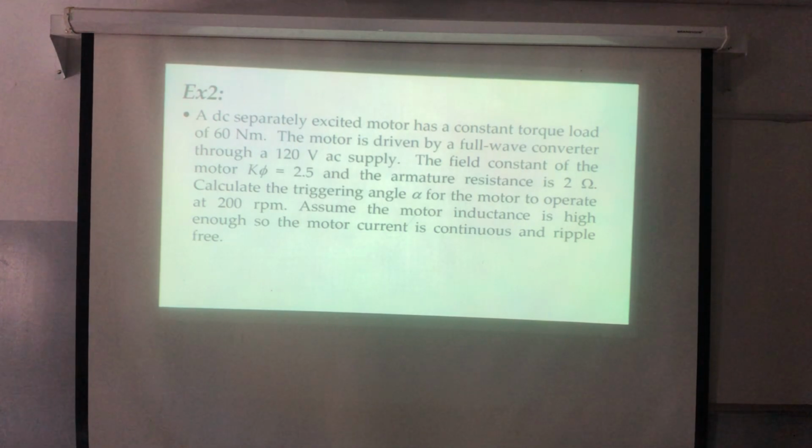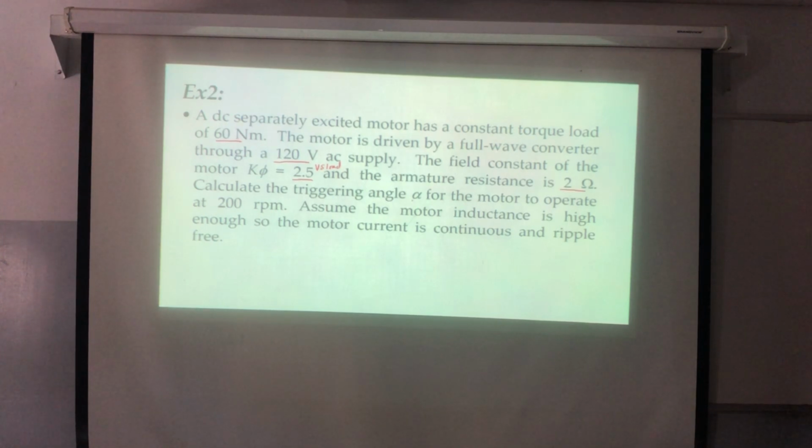Another example. Who will help me with that? Simply, we have a separately excited DC motor driving a constant load. The motor is driven by a full wave converter, 120 volt AC supply. The field constant of the machine is 2.5 volt second per radian, and RA is equal to 2 ohm.